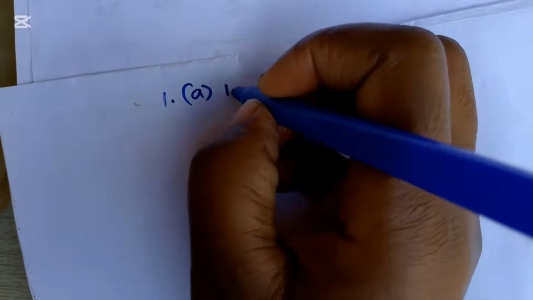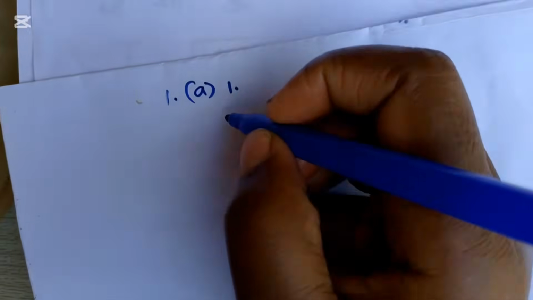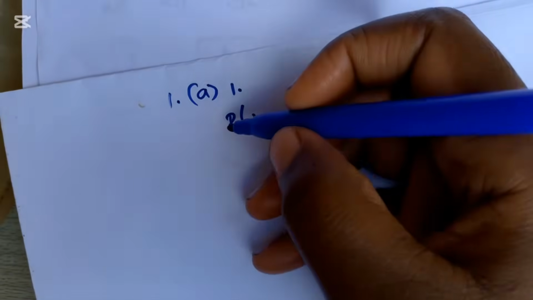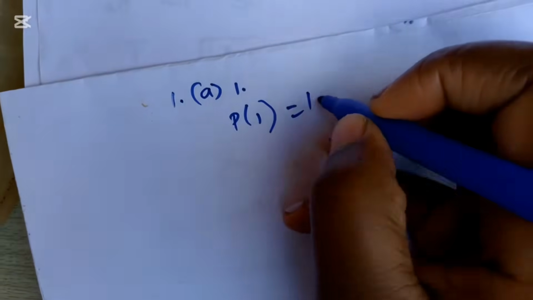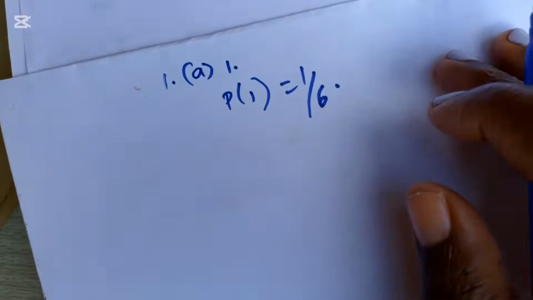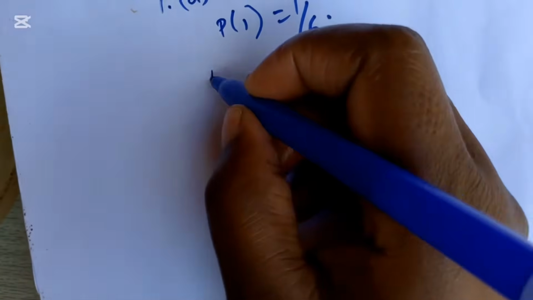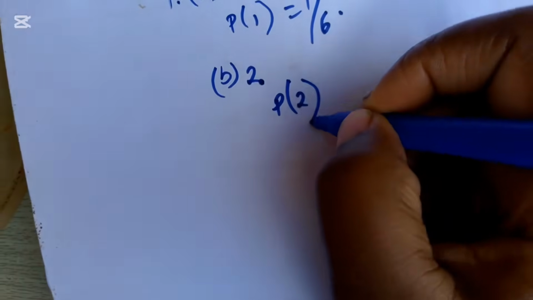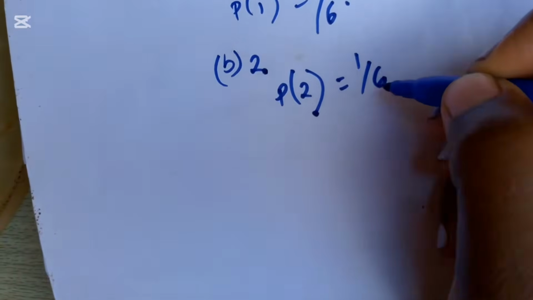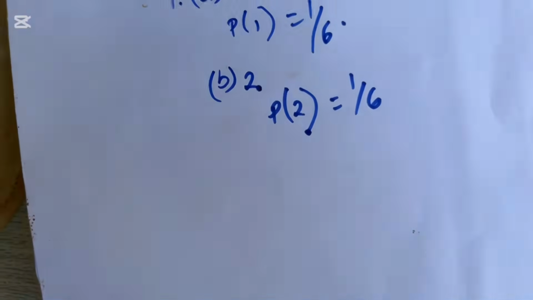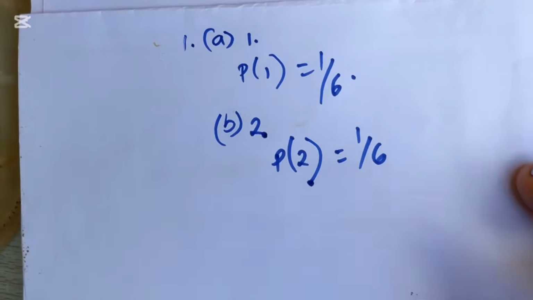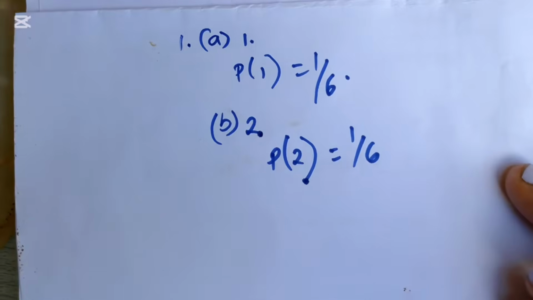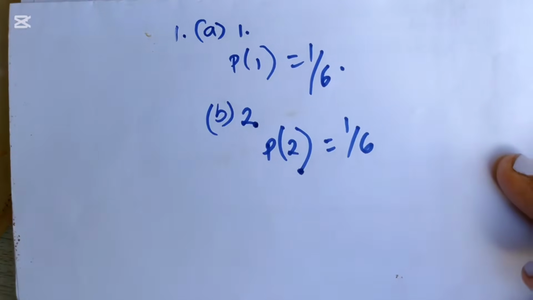Part A, showing a 1. The probability of showing a 1 will be 1 out of 6. Then part B, a 2, the probability of showing a 2 is still 1 out of 6. A 3, a 4, a 5, the probability of getting all those is just 1 out of 6.